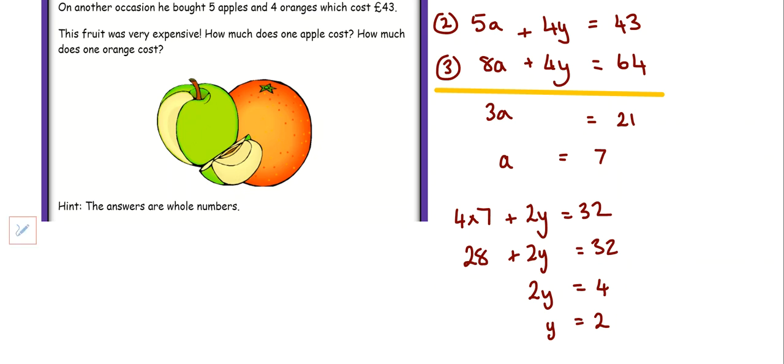So if I were to look at two equations like this, I've got x equals 5y minus 1, okay? And my second equation is x equals 3 minus 5y.